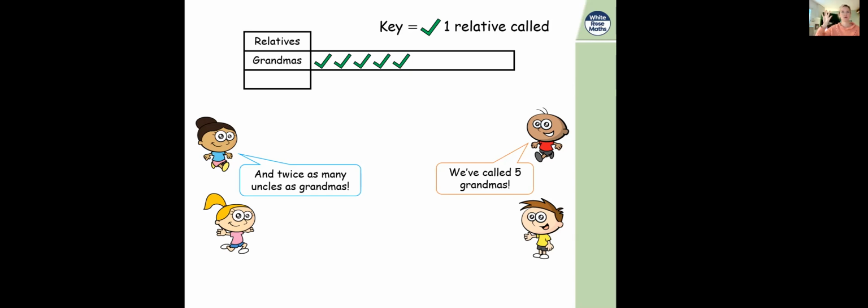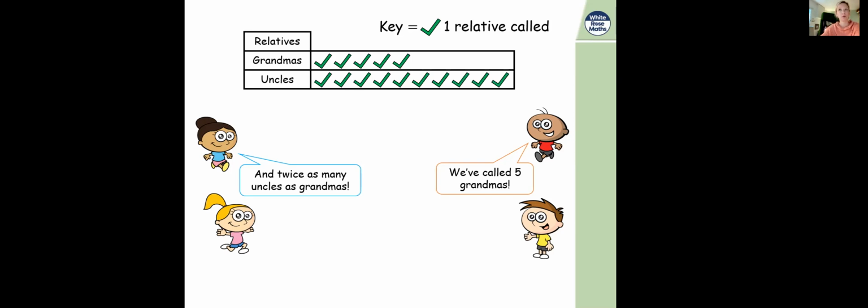There's grandma. Twice as many would be 5 add another 5. Double. Twice as much. How many uncles did they have? That's right. 10. So in the pictogram, making sure we're doing our neat ticks, there's the grandma amount, and they're doing that again because it's twice as many. 10.